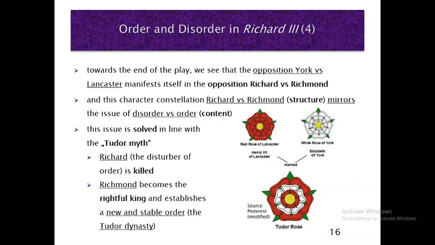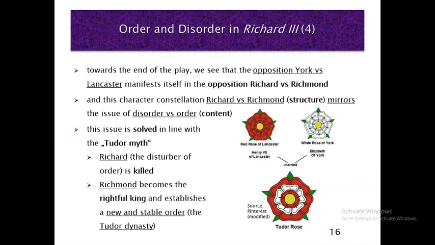And those two characters also represent the opposite sides, order, disorder. Richmond, Lancaster represents order, Richard, York represents disorder. And in this context, we can see that structure and content are closely connected.